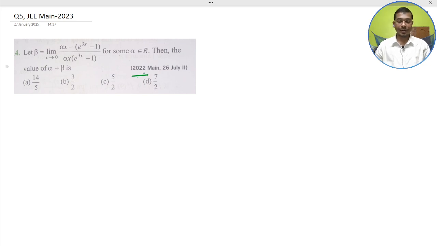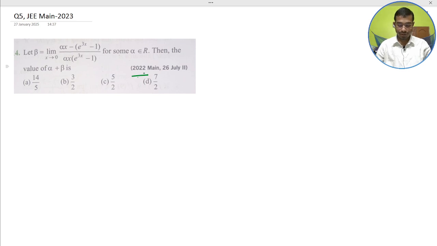JEE Main 2022 MCQ question. Let beta equal to limit x tends to 0, alpha x minus e to the power 3x minus 1 divided by alpha x into e to the power 3x minus 1, for some alpha belongs to R. Then the value of alpha plus beta equals what?